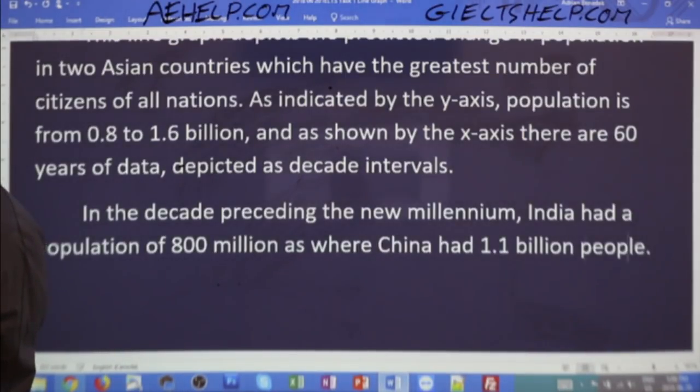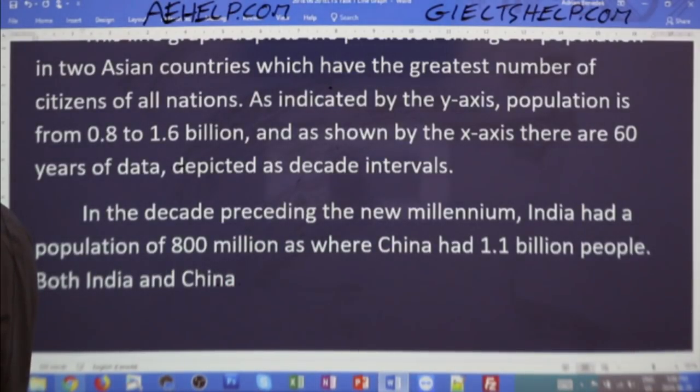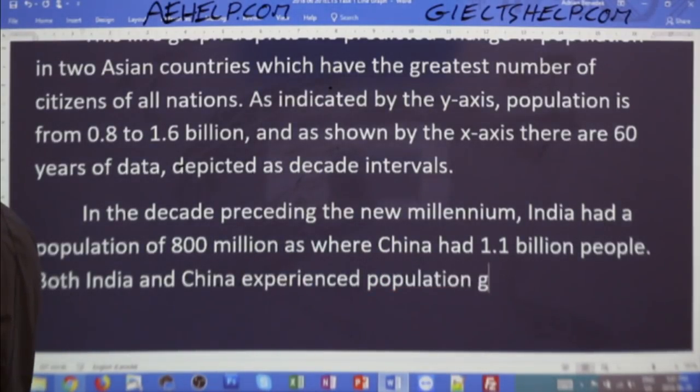So both, it's good to use these correlative conjunctions. I saw a couple of you using them, which is great. Both India and China experienced population growth over the past 20 years.